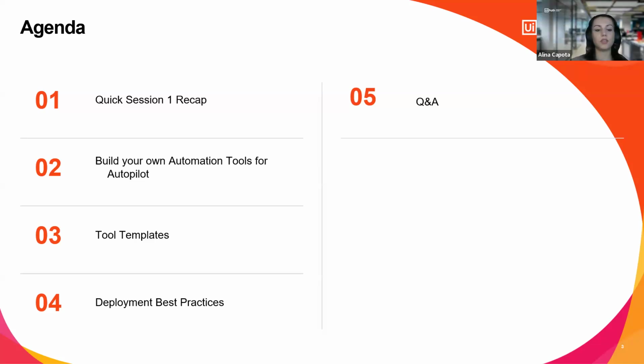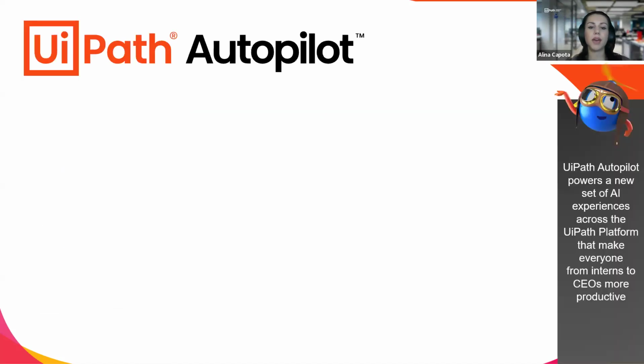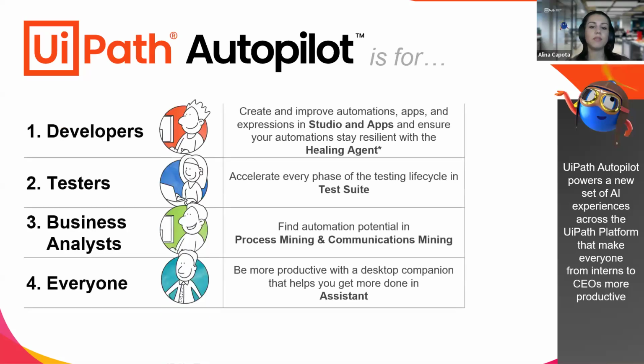Sounds good. Thanks, Russell. Let's start with the quick recap. Before we dive in, I just wanted to position Autopilot for Everyone in the context of our other Autopilots. If you missed the first session and don't remember, we have multiple flavors of Autopilots. We have Autopilot for developers, which helps with creating automation. You provide a prompt and it generates the automation that can solve the request.